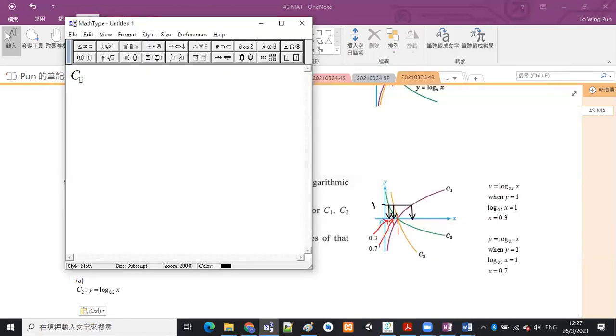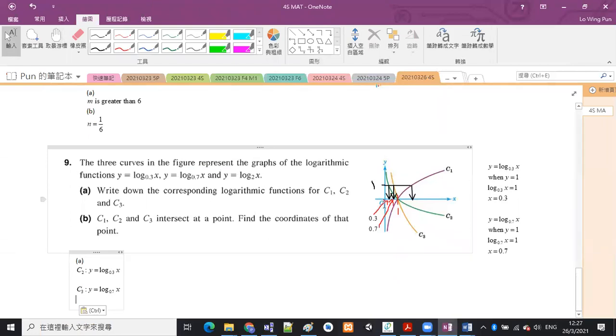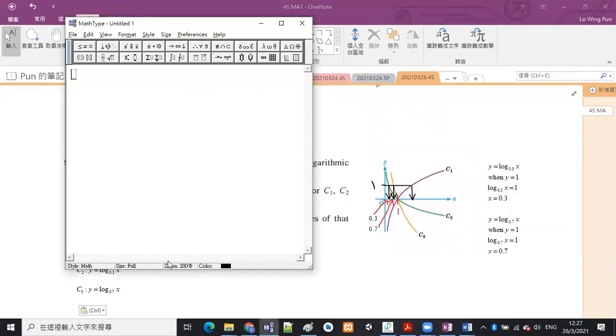So C3 will be y equals log x base 0.7. Then C1 will be the remaining one, the only one with base larger than 1. If you do the calculation for y equals log x base 2, when y is equal to 1, log x base 2 is equal to 1 and x is equal to 2.